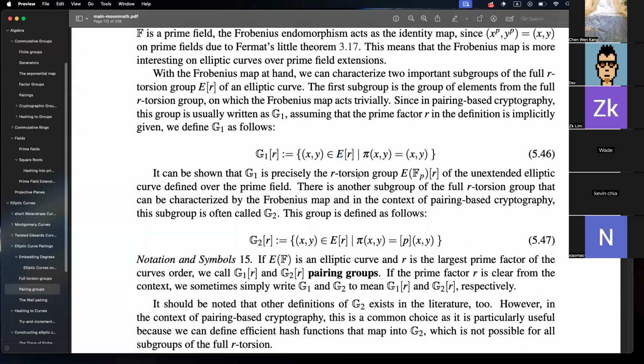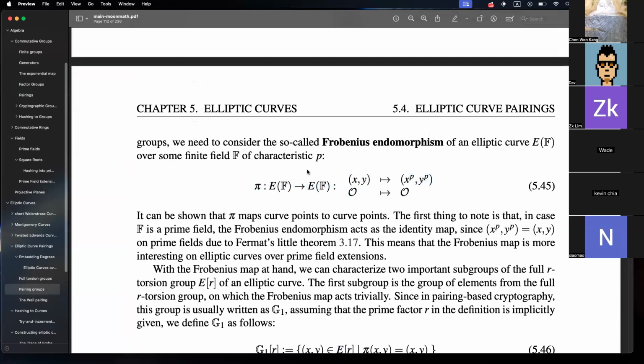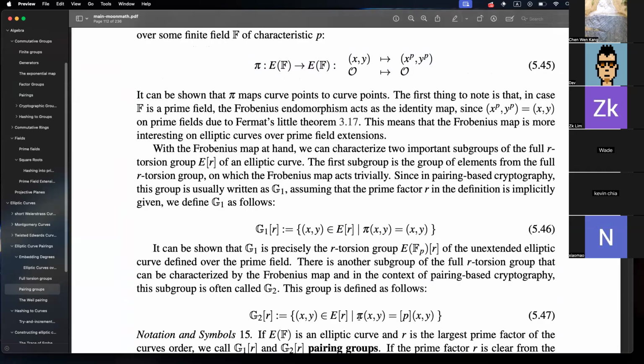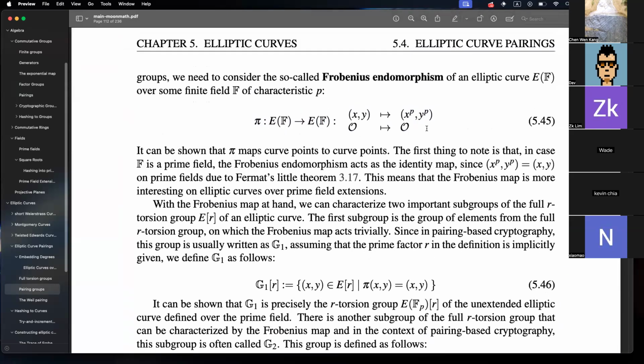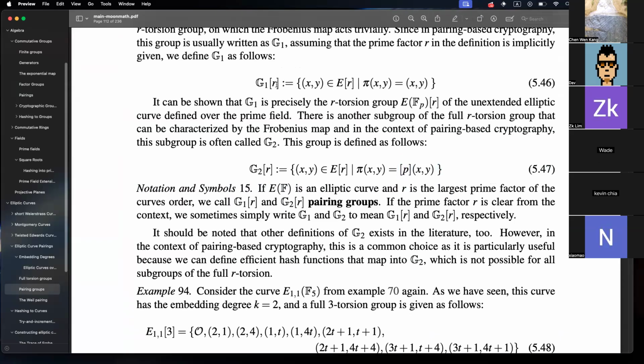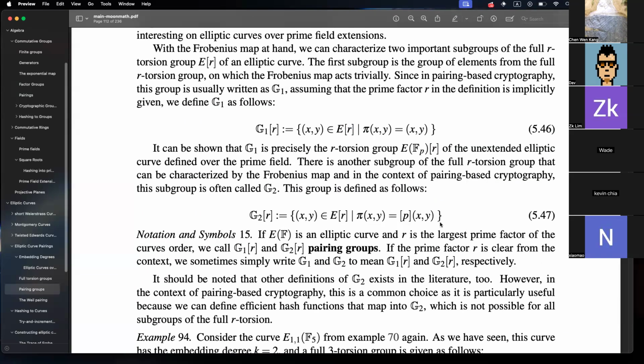The only difference is the Frobenius map: we define the result as p times the point itself. So the difference between G1 and G2 is essentially this.